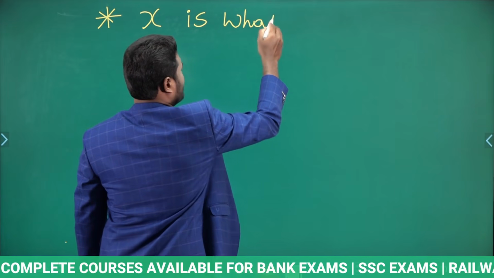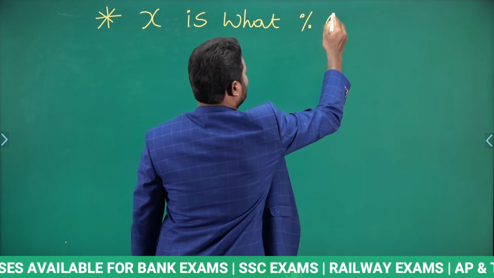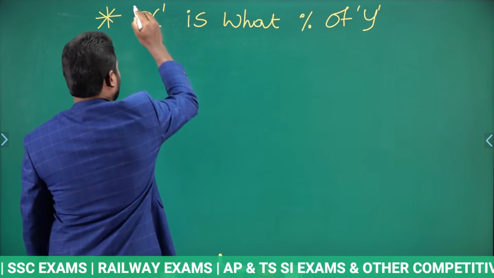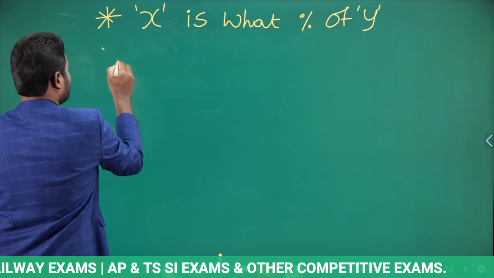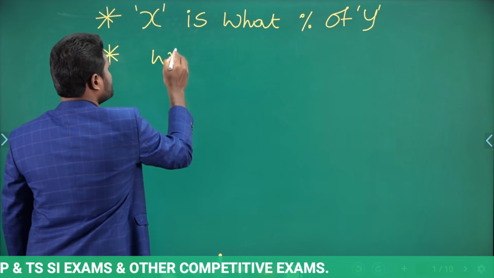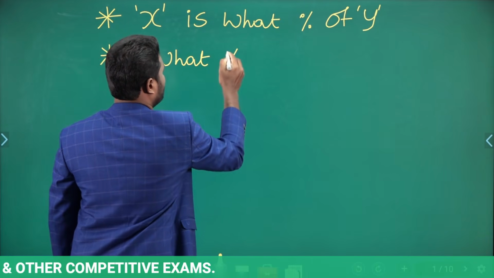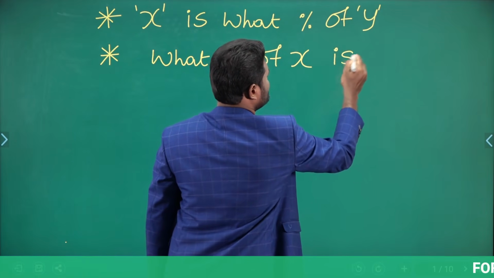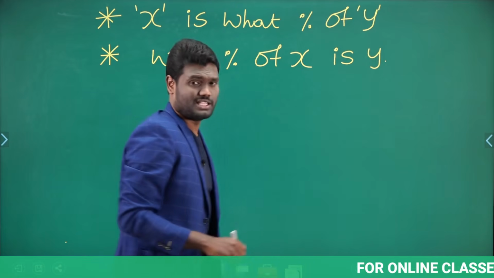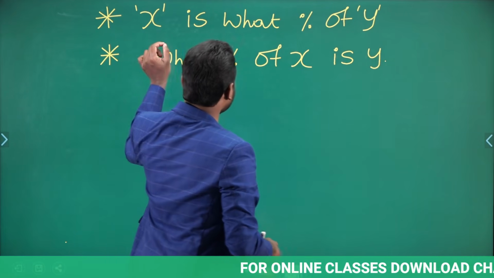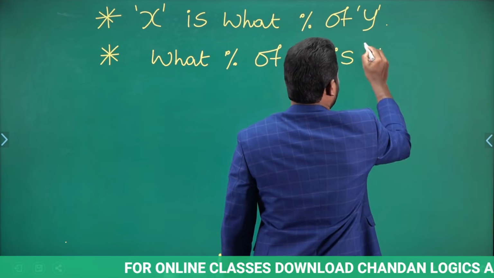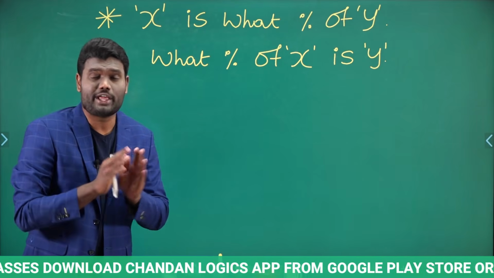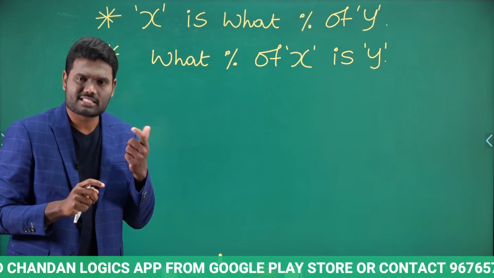X is what percent of Y. Or sometimes it will be like what percent of X is Y. Sometimes X is what percent of Y, sometimes what percent of X is Y. This is very simple, you should not get confused, but many people get confused here.